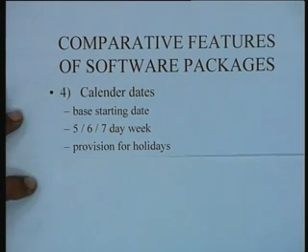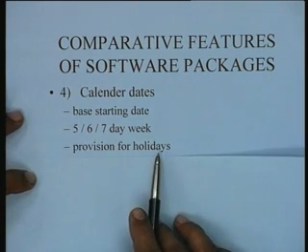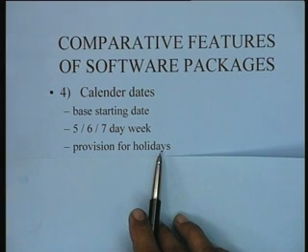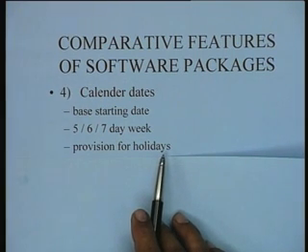You can also feed in provision for holidays. So you can feed in the list of holidays for the year and for the next years, and thereby whatever schedule you get, the calendar dating facility in the program will give you a schedule which specifies the exact dates on which each activity is to be done.